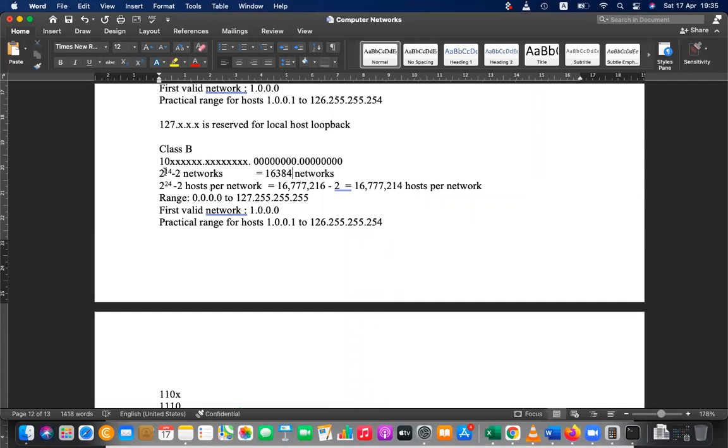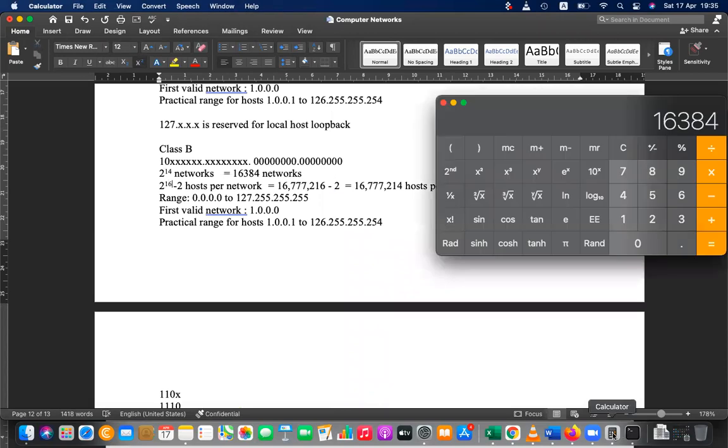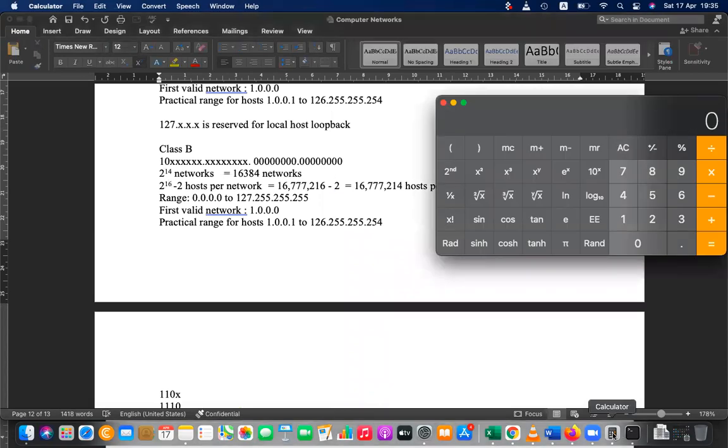You can keep it. 16,384 networks. And how many hosts? Here it will be 8 plus 8, 16, minus 2. 2 to the power 16 is this value, and you can just subtract 2 from that.